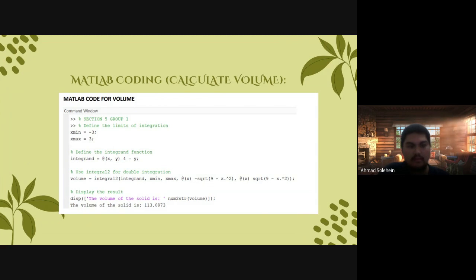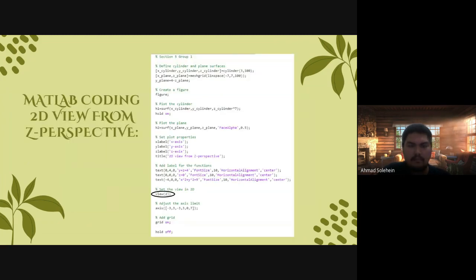Okay, for the 2D view from the Z perspective, to define the cylinder and plane surfaces: X cylinder, Y cylinder, Z cylinder equals cylinder 3100, and X plane, Z plane equals meshgrid, linspace -7, 7, 100.